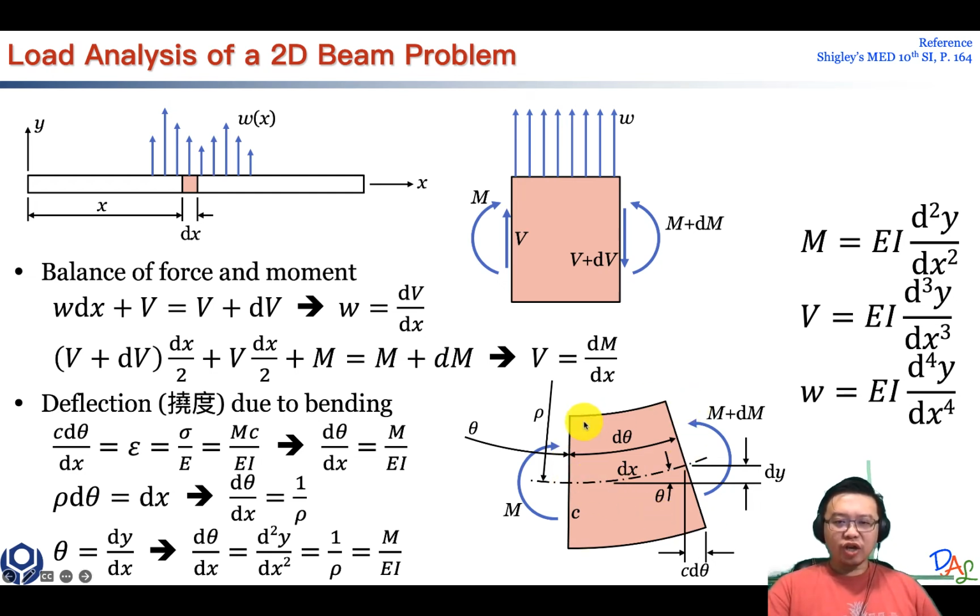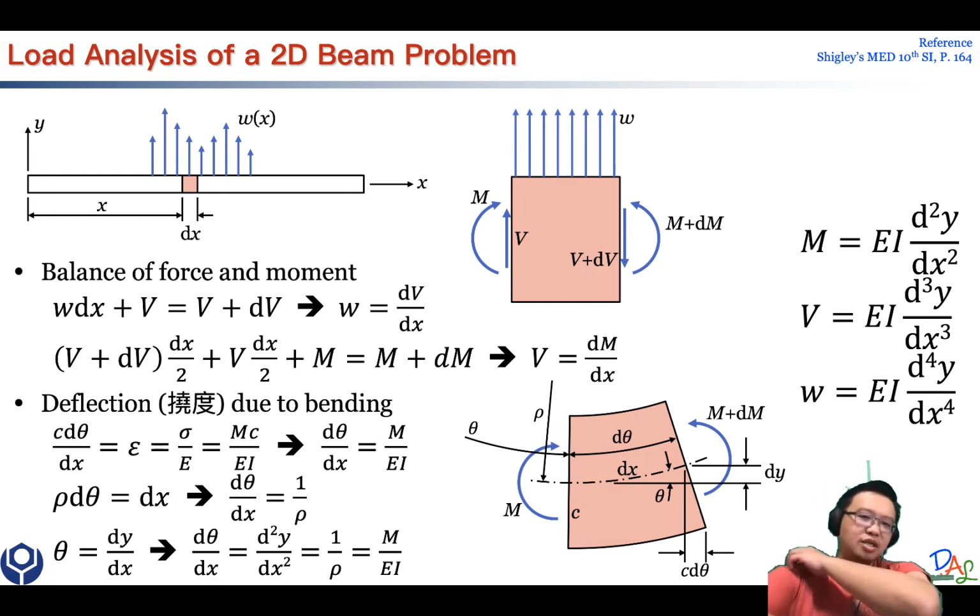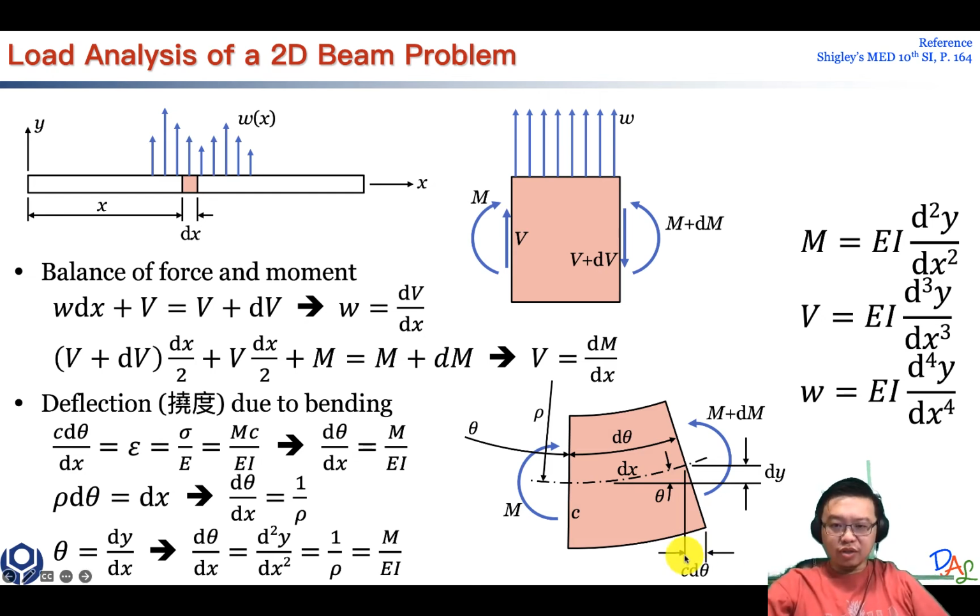Originally, this geometry has the length of dx. Originally, the width is dx. After you bend it, you would like to know how much length it has increased. So this portion C d theta is the increment of length, because it's lengthened a little bit from dx up to here.